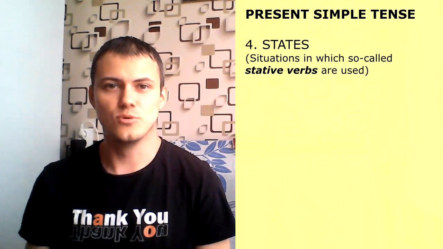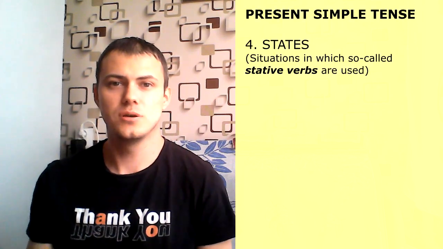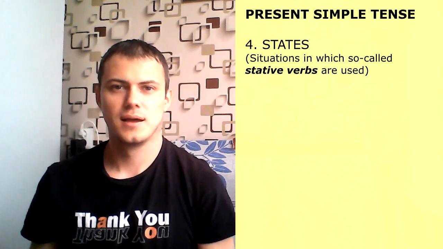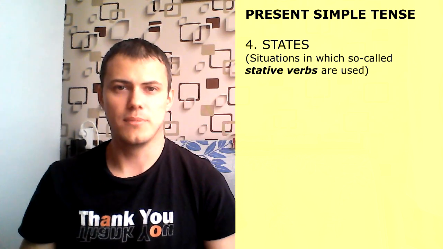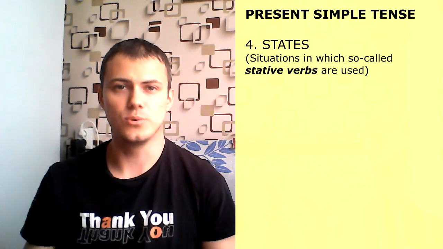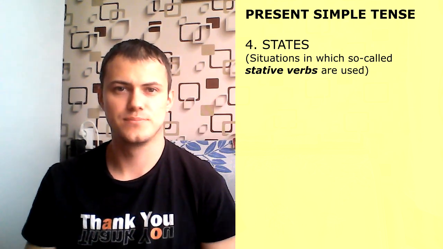Well, let's move on to the fourth type of situation in which we should use the present simple tense. We should use the present simple tense when we talk about states or conditions and when we use so-called stative verbs.